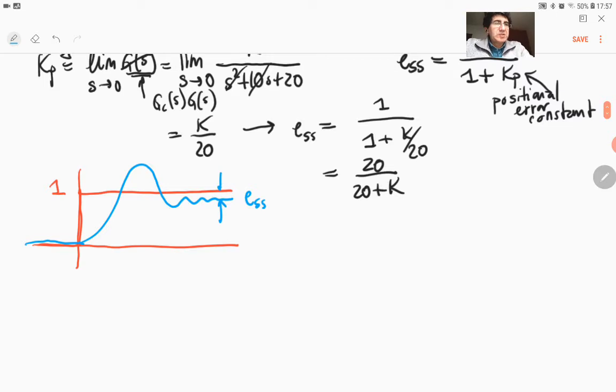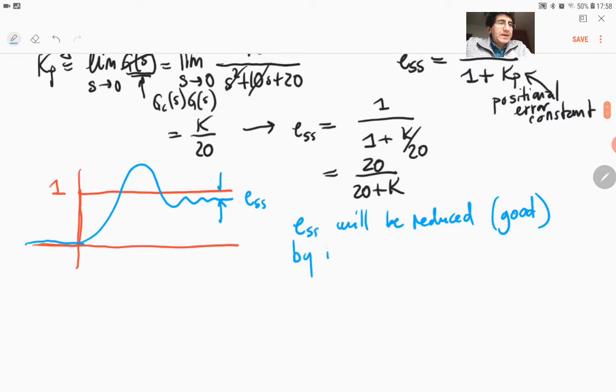Okay, we also see that for this type of system, a type 0 system, the gain of the controller has an effect on ESS, and in fact if we increase the gain, the steady state error will decrease. ESS will be reduced, which is a good thing, by increasing the gain K of the controller.